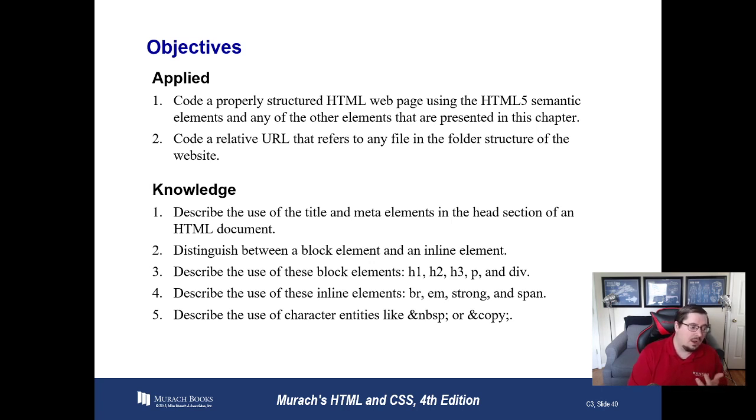We talked about absolute and relative URLs and paths, and some of the advantages and disadvantages of using different ones. We talked about the title and some of the meta elements that you can put in the head section. There are a lot of different meta elements, and that could be an entire lesson in itself, just talking about all the meta elements that you can put in the head. So there are a lot of those.